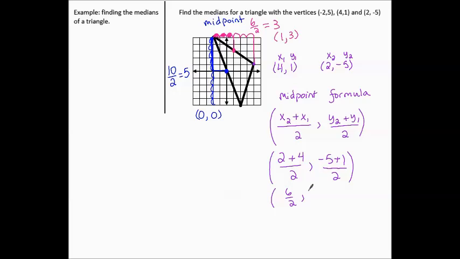Negative 5 plus 1 is negative 4 over 2. 6 divided by 2 is 3. And negative 4 divided by 2 is negative 2. So my final midpoint is at (3, -2). My solutions would then be (0, 0), (1, 3), and (3, -2).